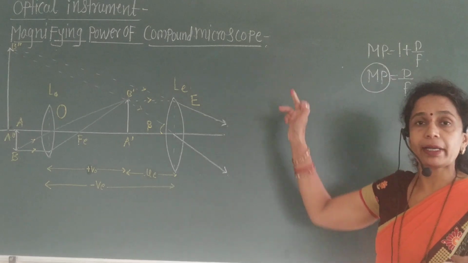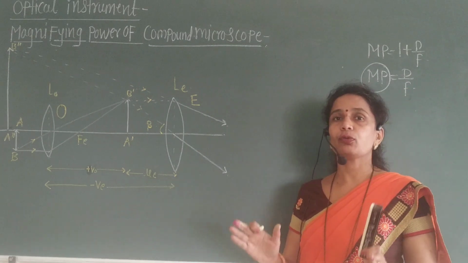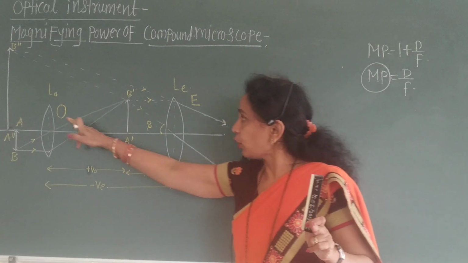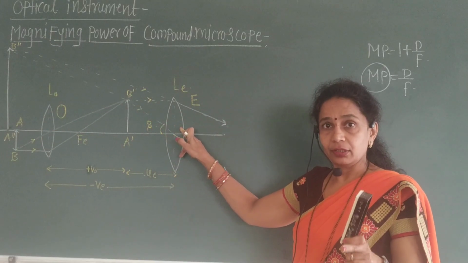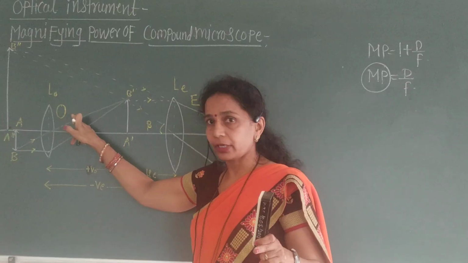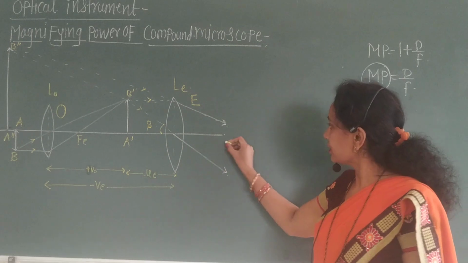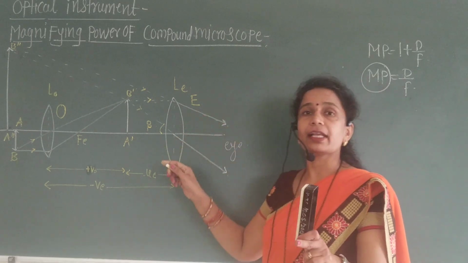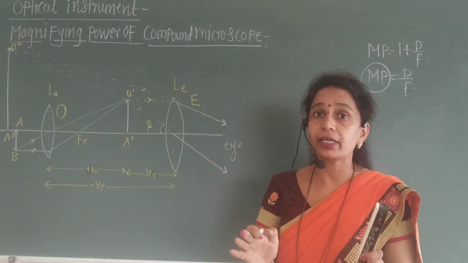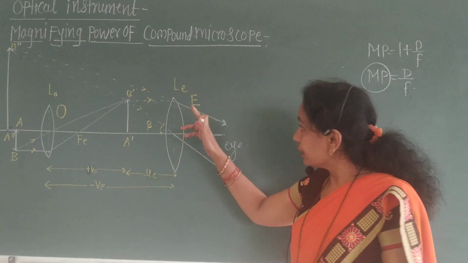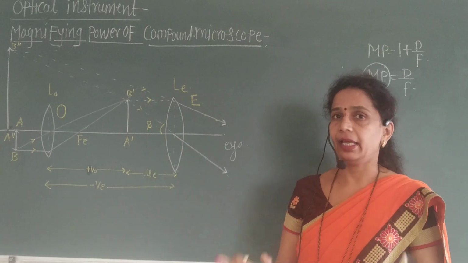Then what is the compound microscope? A compound microscope consists of two convex lenses. The first is called the objective, the second is called the eyepiece. The lens near the object is called the objective. The lens near the eye, here is our eye, is called the eyepiece lens. This objective lens has a small focal length and small aperture. This eyepiece lens has a large focal length and large aperture.